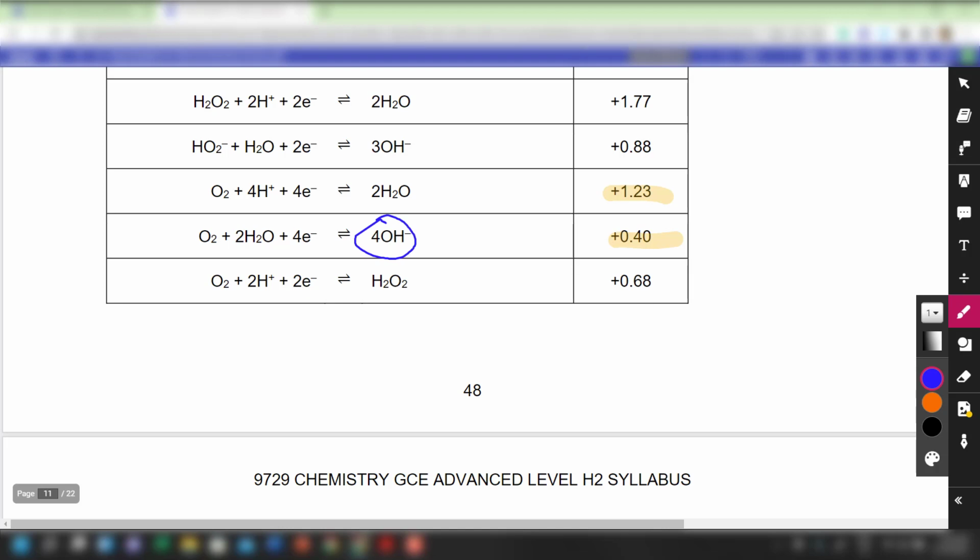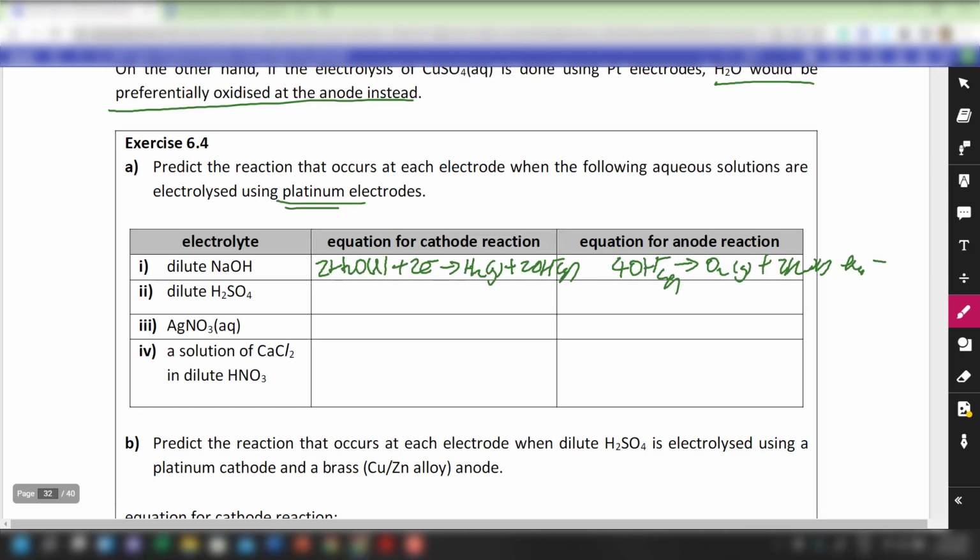We need to compare water being oxidized or OH- being oxidized. The reduction potential of O2/OH- is less positive than that of O2/H2O. Because of that, I choose this equation where OH- is directly oxidized to oxygen gas, which is what I've chosen here.